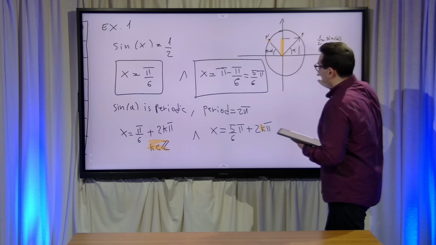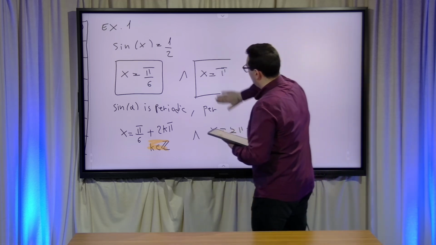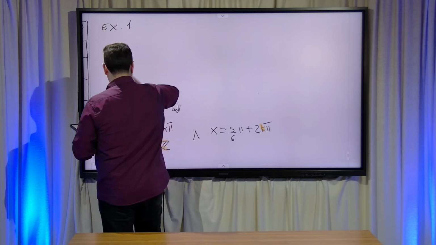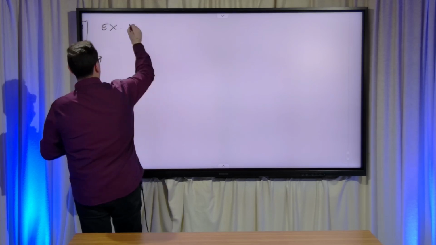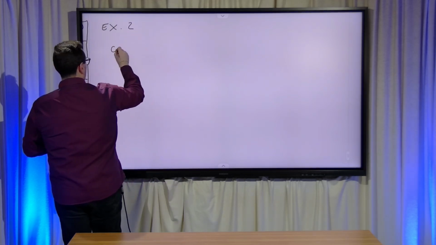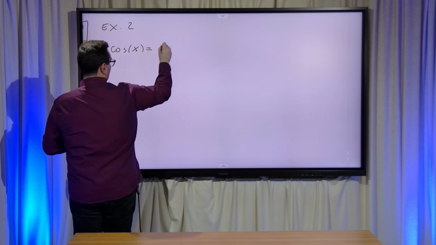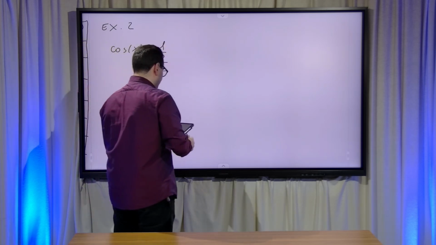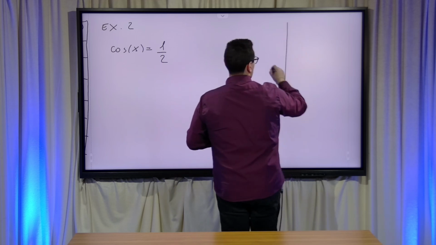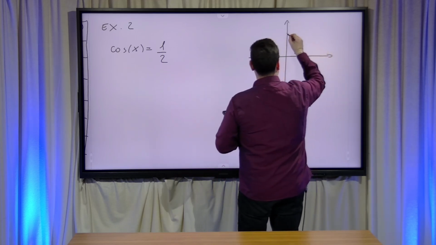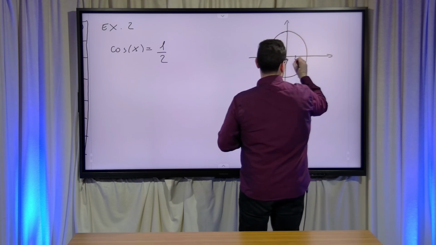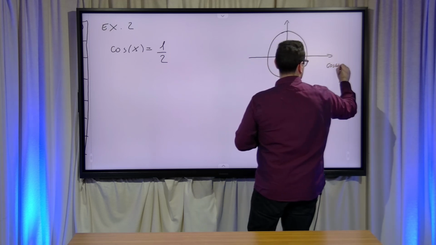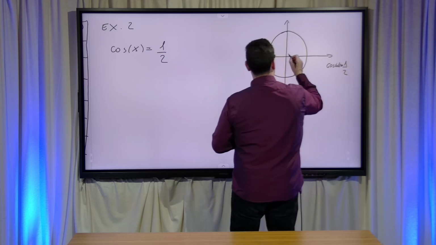So let's do something similar with the cosine. So exercise 2, we have cosine of x equals 1/2 again. I will recall here the unit circle, and again I have to find the angle that provides me a cosine of 1/2.